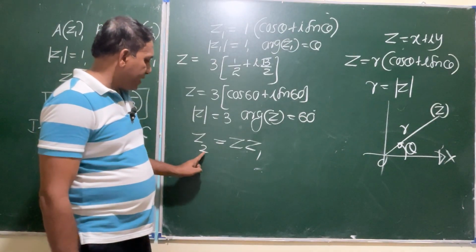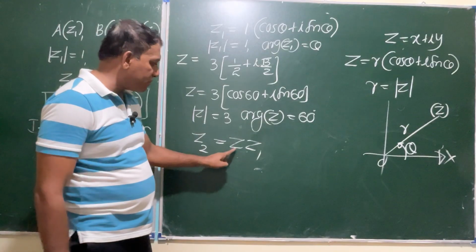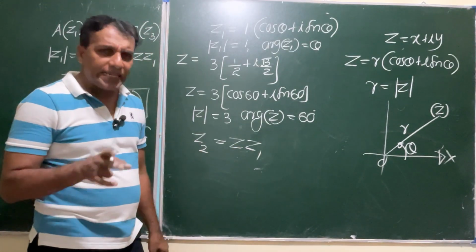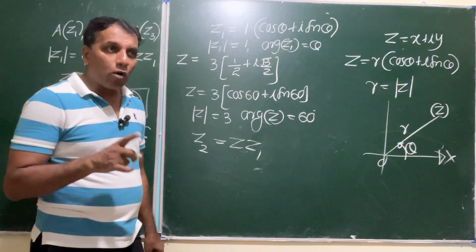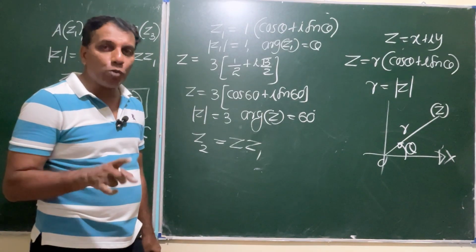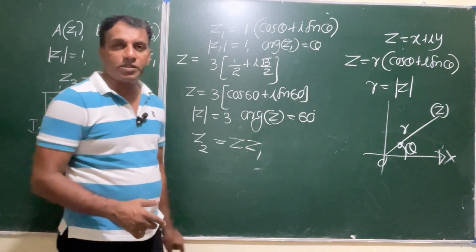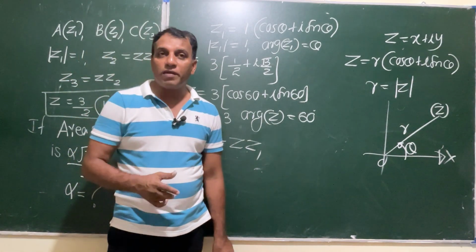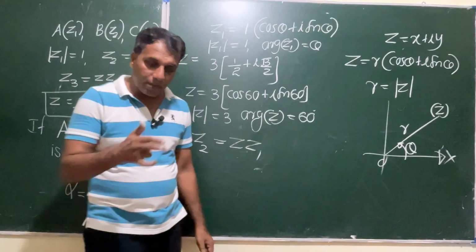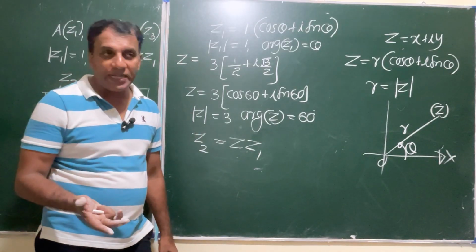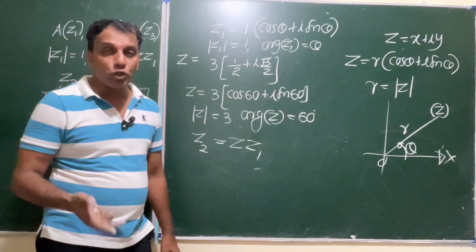Okay, so Z2 is given in terms of Z and Z1. When two complex numbers are multiplied, their moduli are multiplied and arguments added. Also note, my dear students, from the theory class note: when any number of complex numbers are multiplied, their moduli are multiplied and the arguments are added.